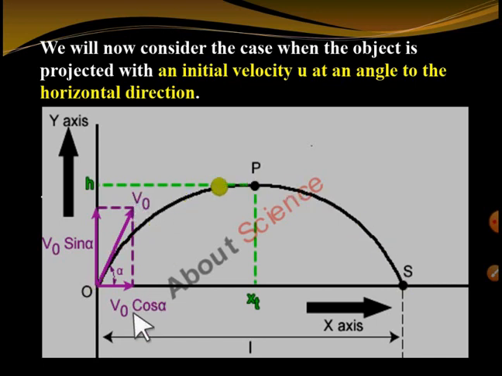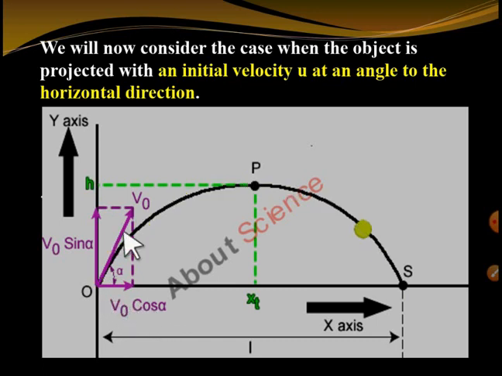So this is along the x-axis. If you resolve this v naught into two rectangular components, one along the horizontal direction and another along the vertical direction, and you know this angle alpha, then the horizontal component will always be cosine.